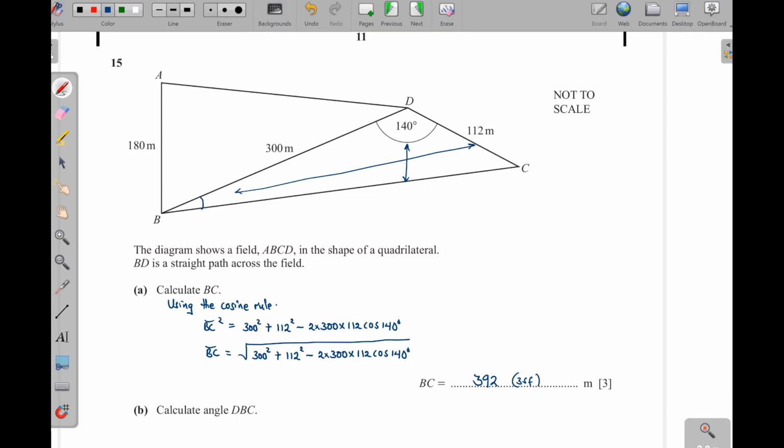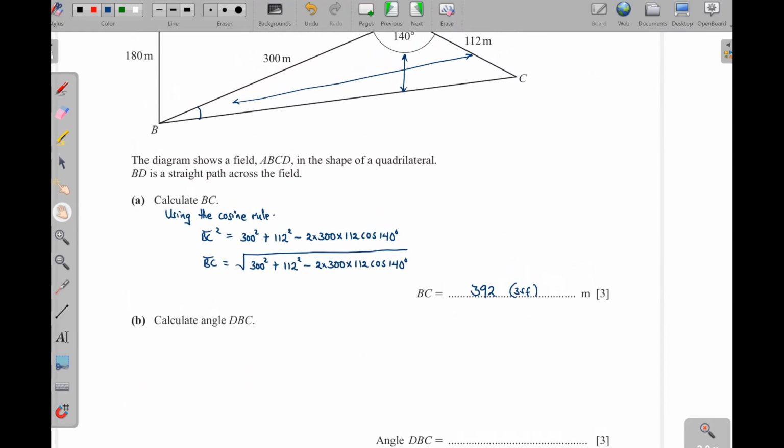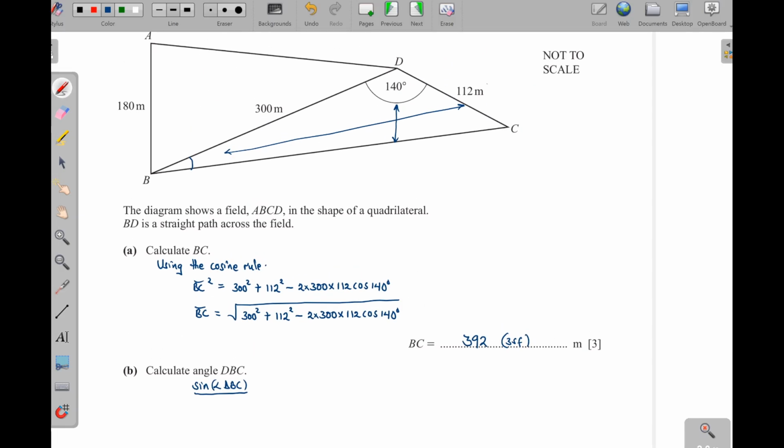Okay, so I will use the sine rule. Okay, so I will say sine of this angle DBC, then out of the side that is opposite to the angle, which is 112, then is equal to sine of now another angle whose opposite side is also known.